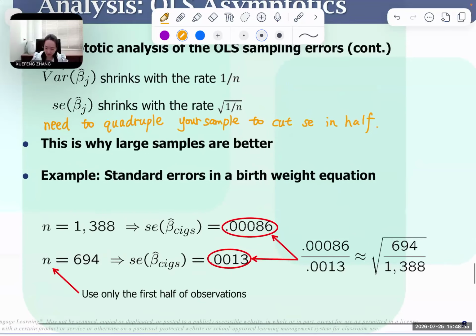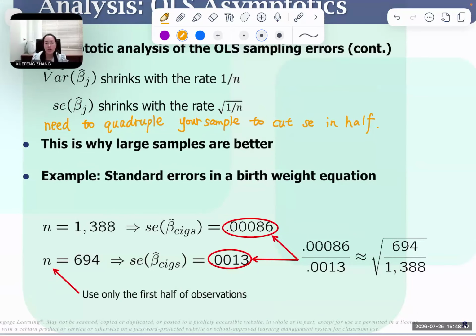Let's check this with a real example from the birth weight equation, looking at the SE on beta 6, the cigarettes smoked coefficient. This is the full sample, n more than 1000.